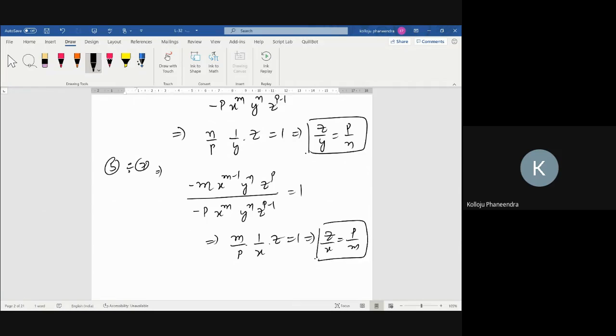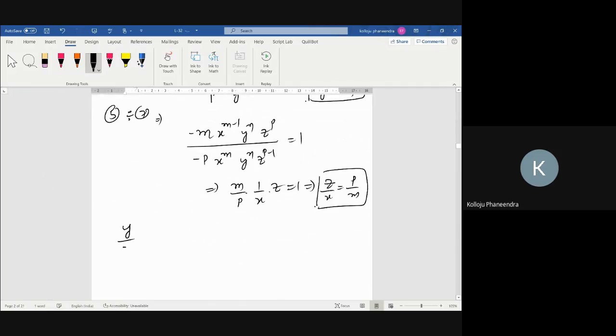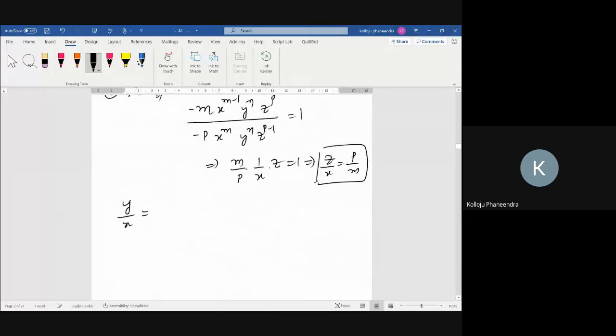Done. Now from this you have to get x, y, z. Let me write all at one side. y by x equal to n by m, or x by y equal to m by n, right?